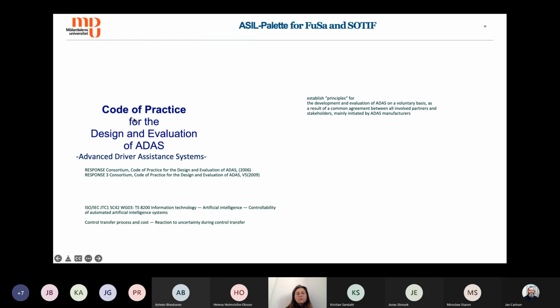I know that there is work on a code of practice for the design and the evaluation of ADAS, and this is work also related to understanding how to assign the controllability. And there is ongoing work for automation level 3, for example, and reconsidering the controllability, and work for the future.